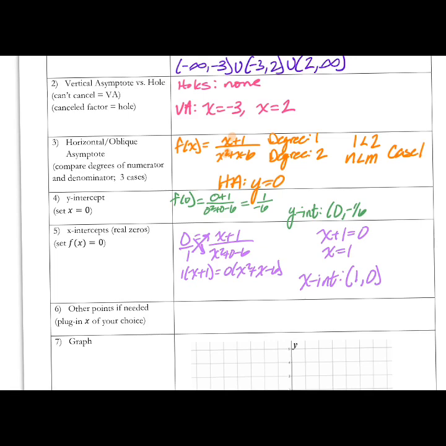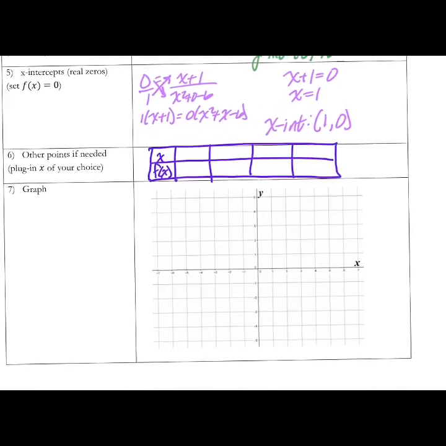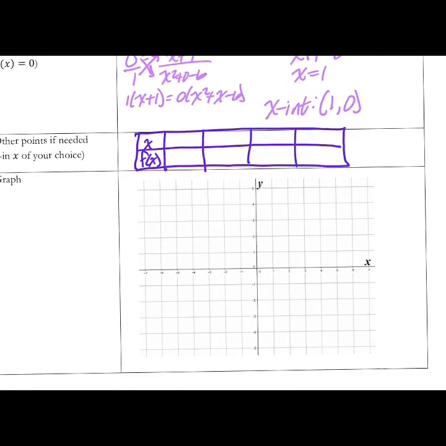Okay, so now we're going to make a table, and since I don't know how many extras I'm going to have to choose, probably won't choose more than 4, just so you guys know. X and f of x. And I'm going to go ahead and put in my information here. So I know that I have, let's see, what do I have?